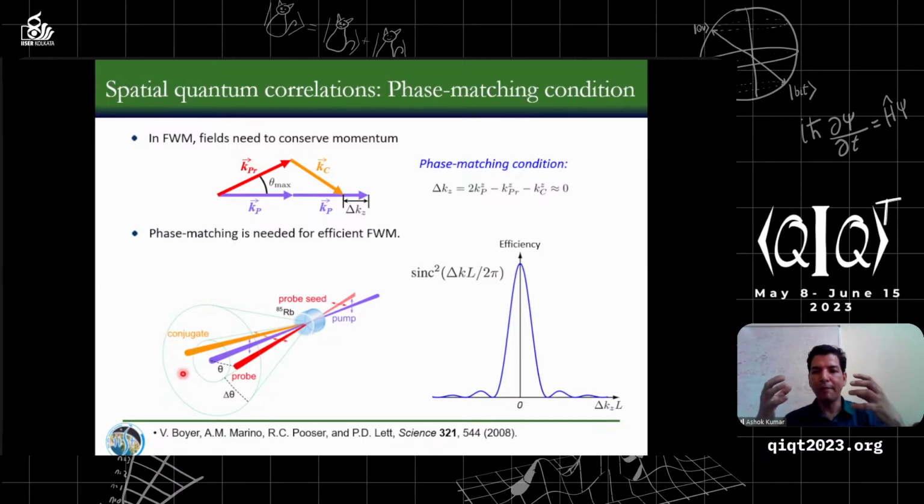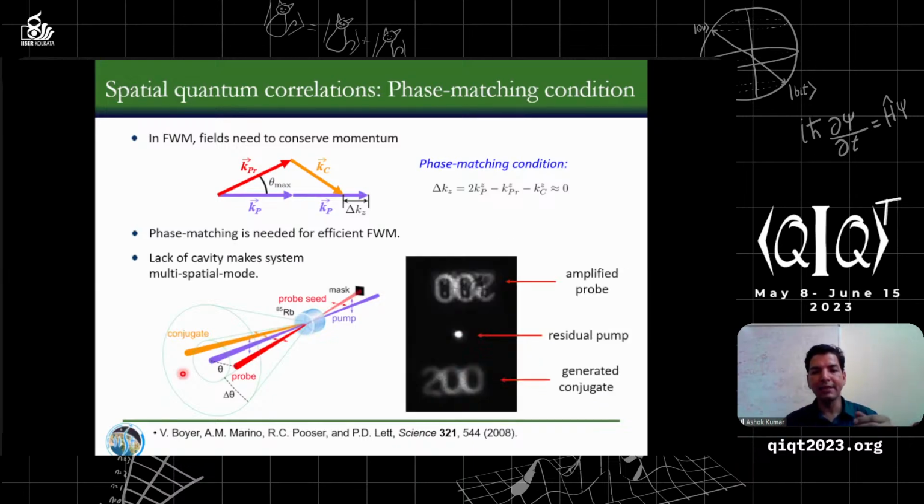In earlier studies, people have shown that this kind of system supports images, meaning it supports multimode. You can put a mask or some pattern on one of your seeding beams, and then transfer that pattern to the probe and conjugate, generating your twin beams with an arbitrary spatial pattern.